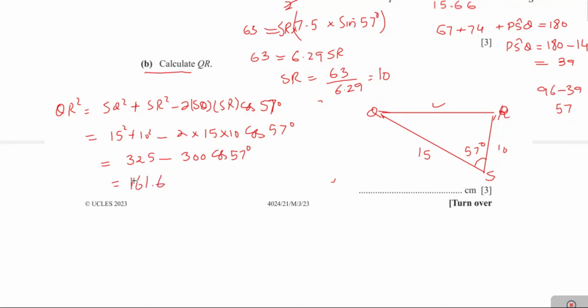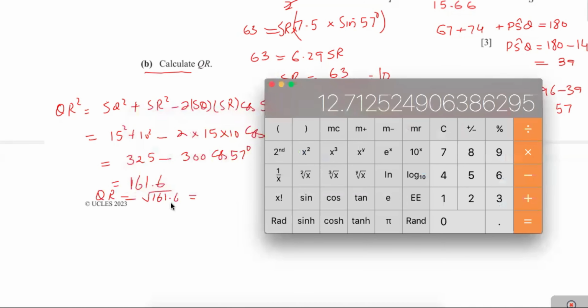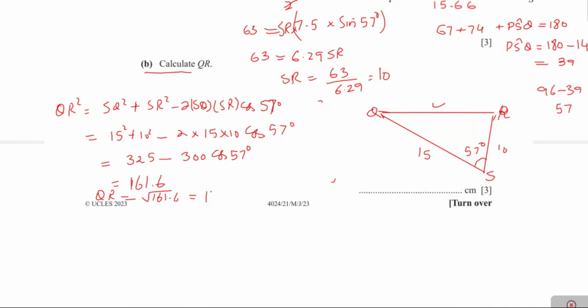Now we take the square root of 161.6, and this value will be equal to 12.71, and this is the length of QR.